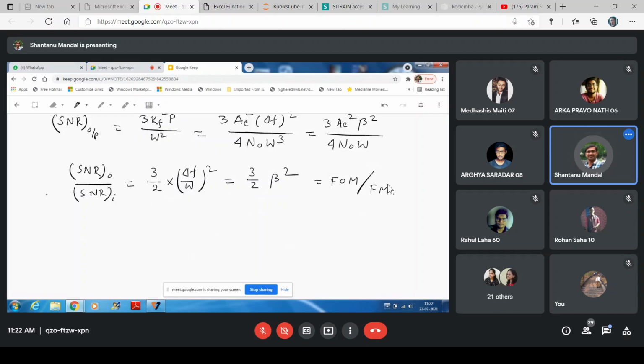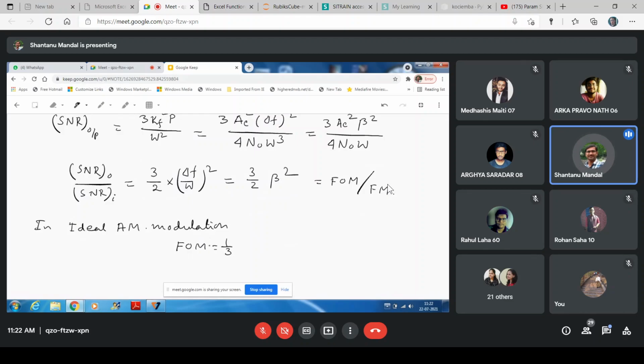Now in case of ideal AM modulation, the FOM is equal to 1 by 3.